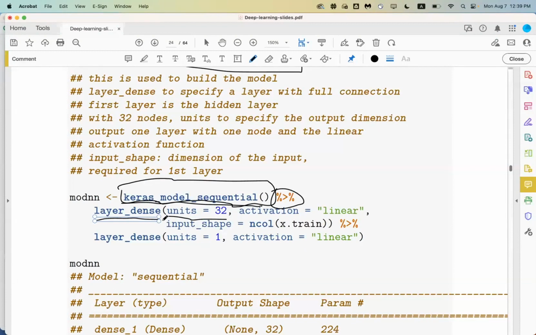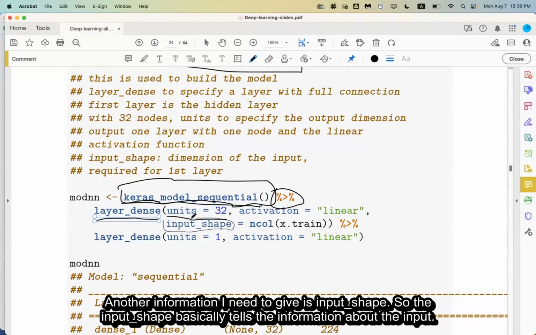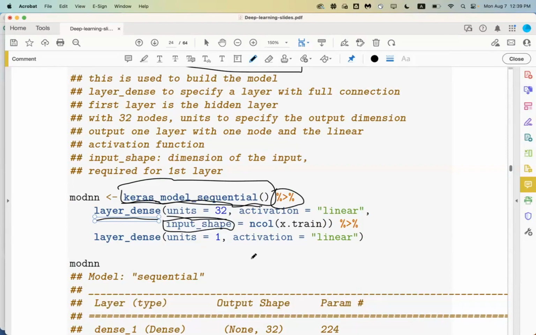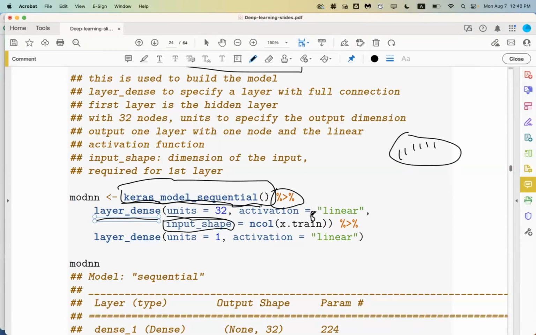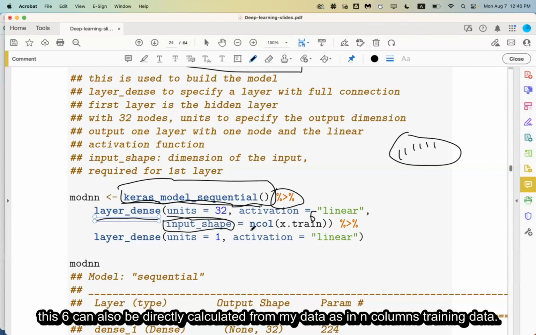Another piece of information I need to give is the input shape. The input shape basically tells the information about the input. In our example, we have 6 columns in our input. So therefore, I need to tell the input shape is 6 here. And this 6 can also be directly calculated from my data as the number of columns in x training data.